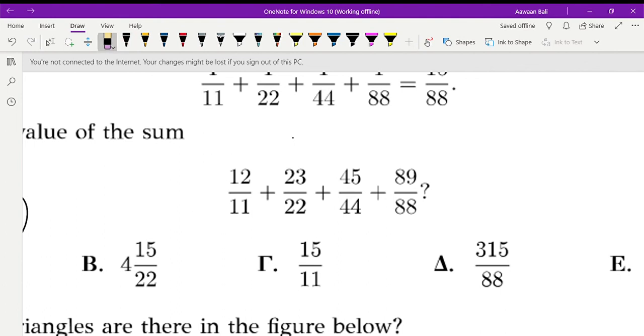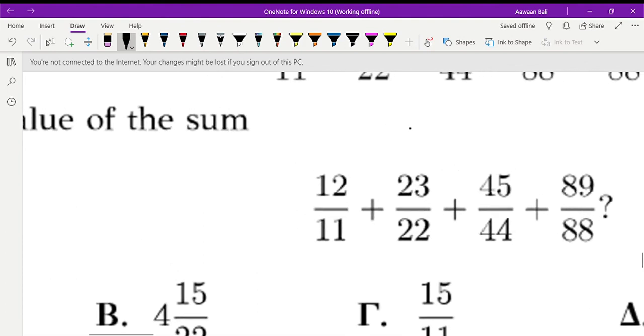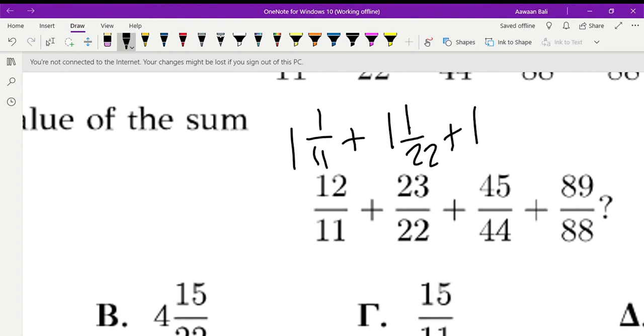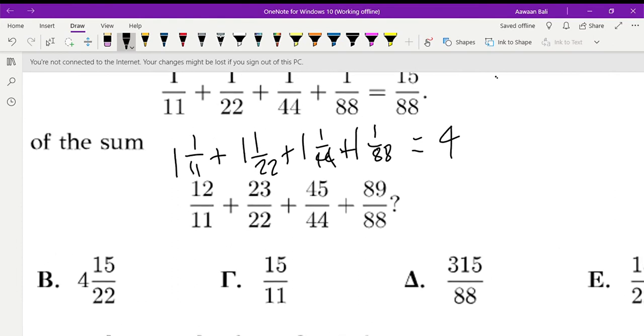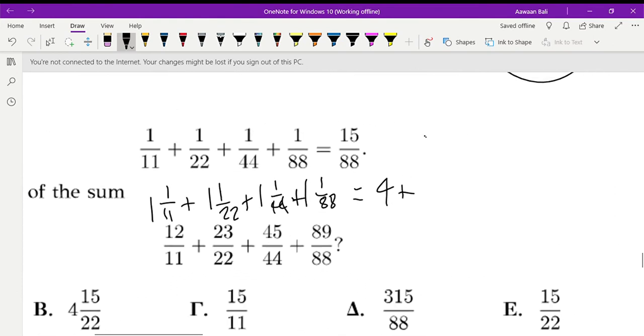If you make them into mixed numbers, which is basically a whole number and a fraction together, you get 1 plus 1 upon 11, 1 plus 1 upon 22, 1 plus 1 upon 44, plus 1 upon 88. The thing about these is that if you simplify it, you can say 4 plus all of these fractions.